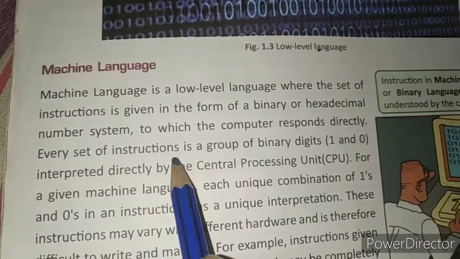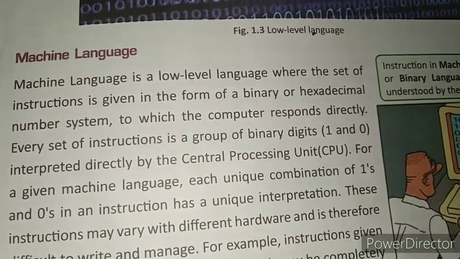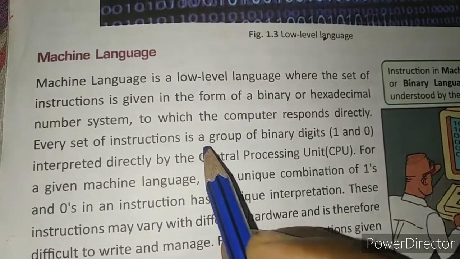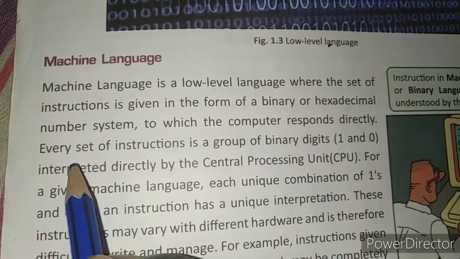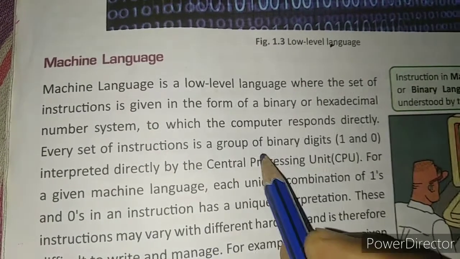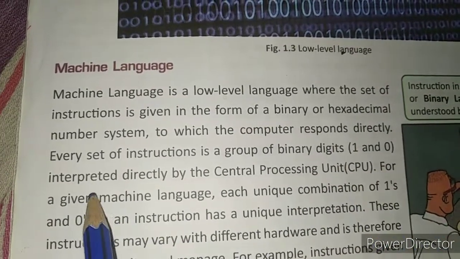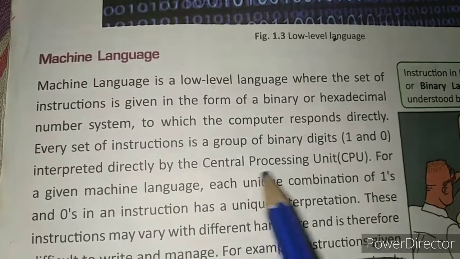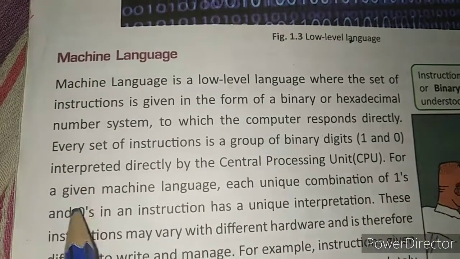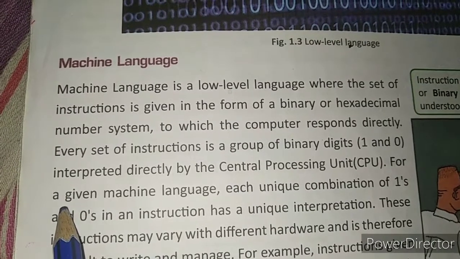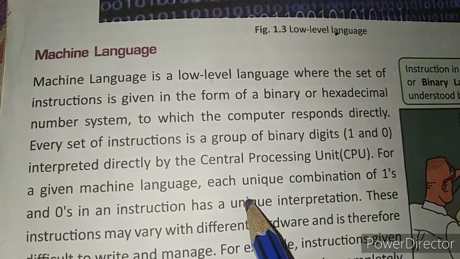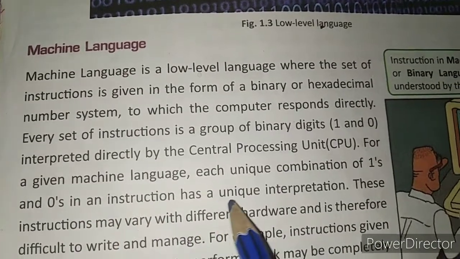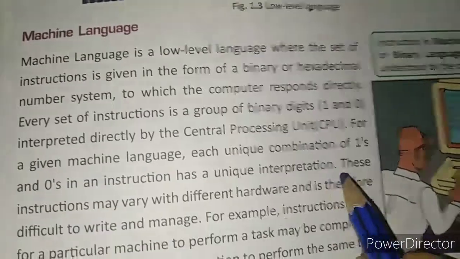Every set of instructions is a group of binary digits 0 and 1 interpreted directly by the central processing unit, CPU.